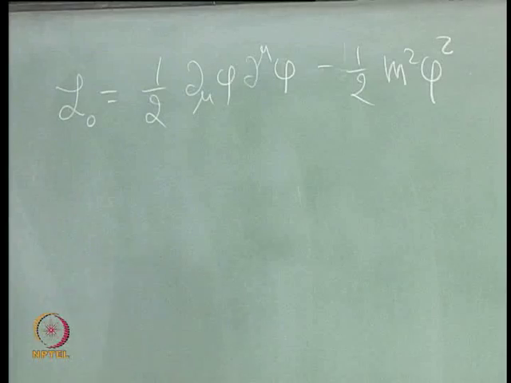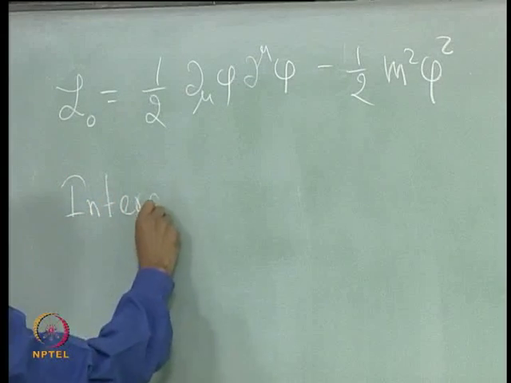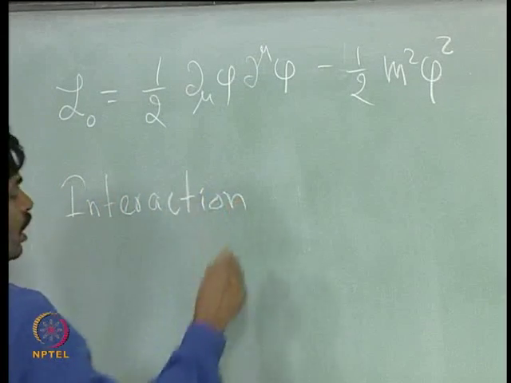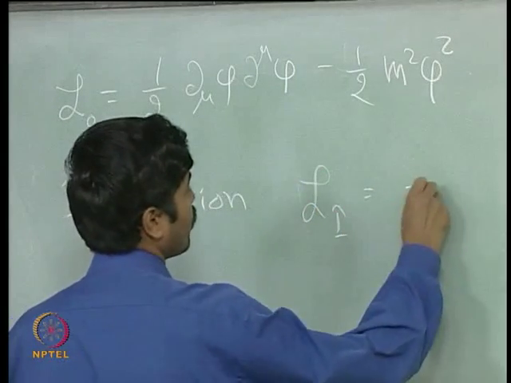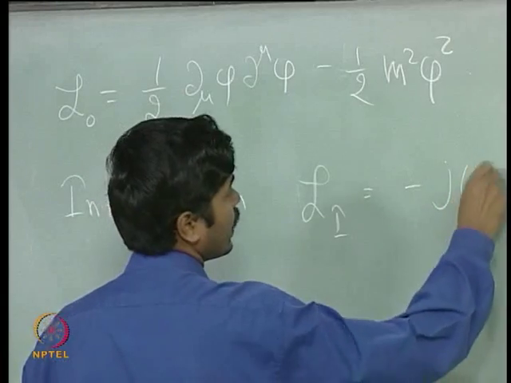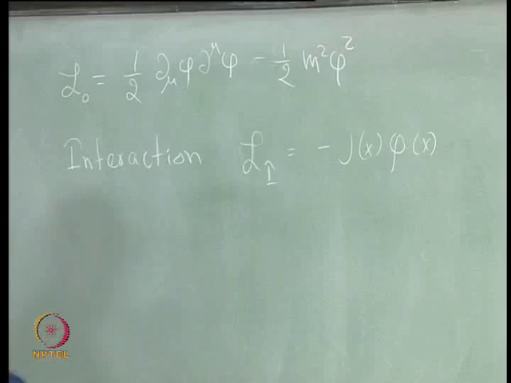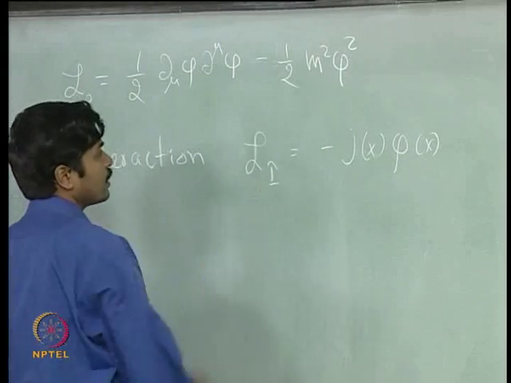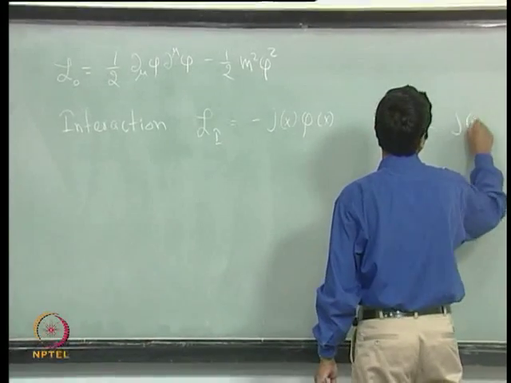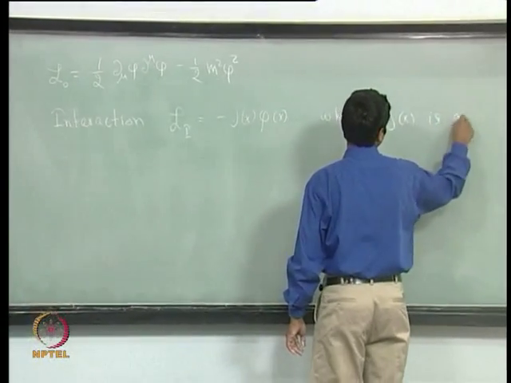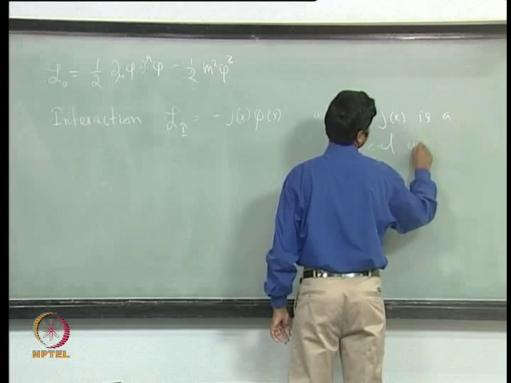I will consider an interaction of the type L_I is minus J of x phi of x, where J of x is a classical current.